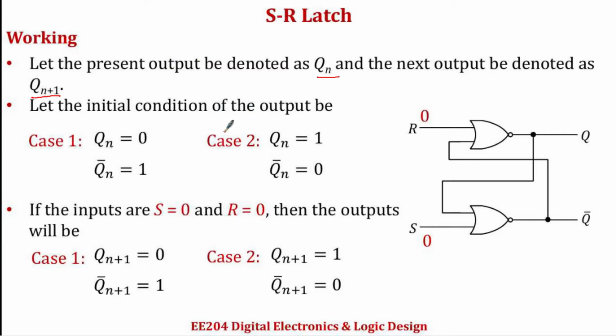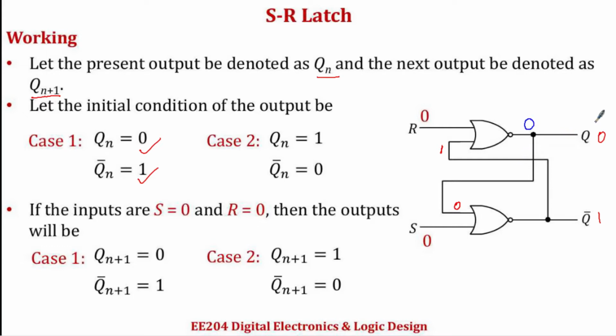Now the initial condition of the output for the first case is Qn equal to 0 and Qn bar is obviously equal to 1. So this is going to be 0 and this is 1. Now if you look at the circuit, Q bar, that is 1, is fed back and comes here, so you will have a 1 over here and the 0 comes as feedback, so 0 comes here. So 0 and 1 is fed into this NOR gate and the output will be 0, right?